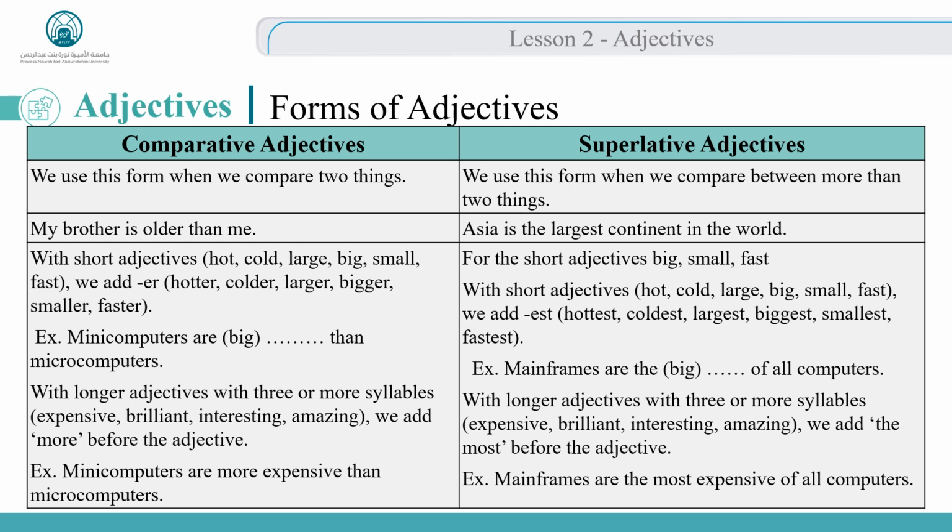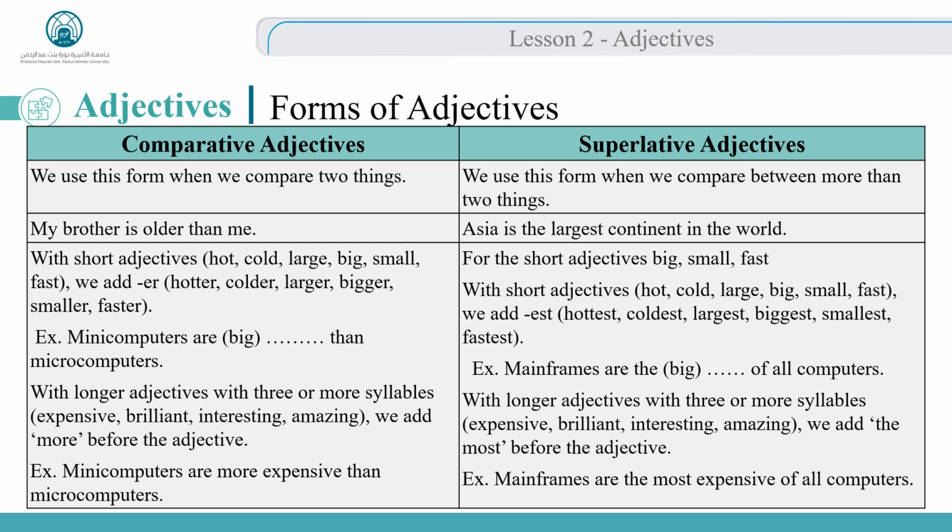With longer adjectives, which have three or more syllables, like expensive, brilliant, interesting, amazing, we would add "the most" before the adjective. So we would say mainframes are the most expensive of all computers.